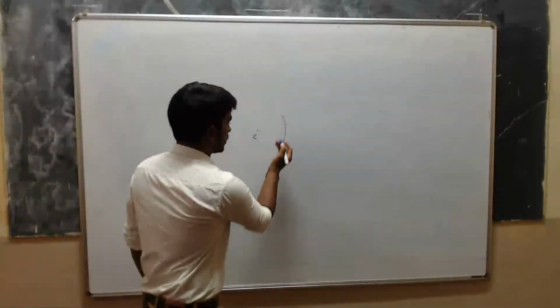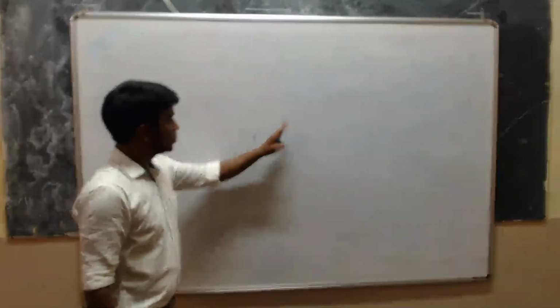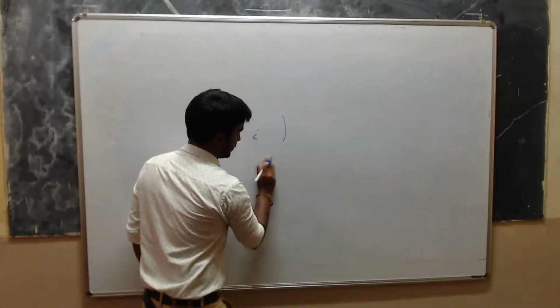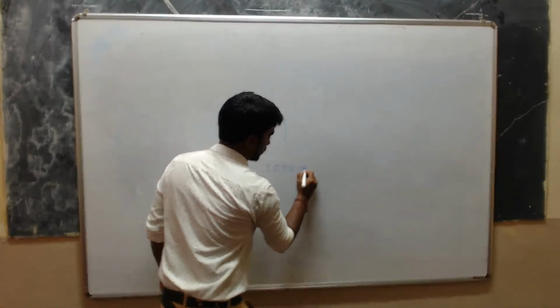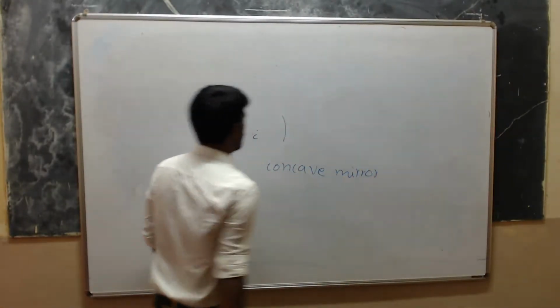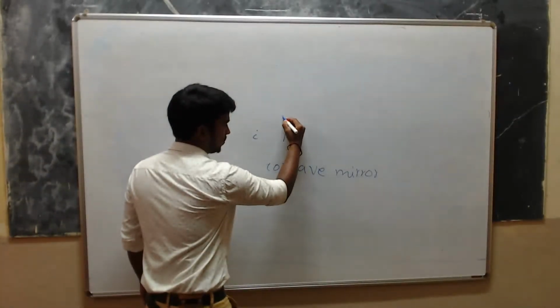If the reflecting surface is curved inwards, meaning the reflecting surface faces towards the center, then we call this a concave mirror. Concave mirror.